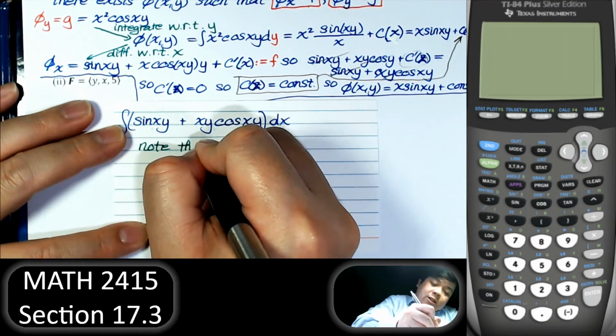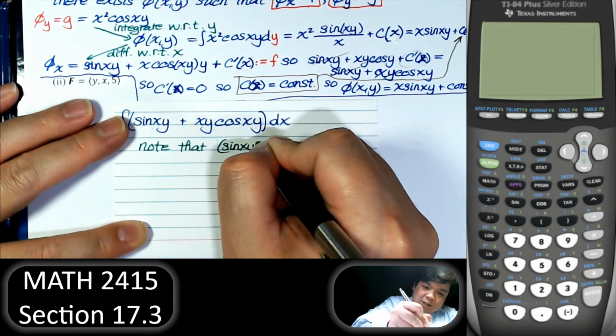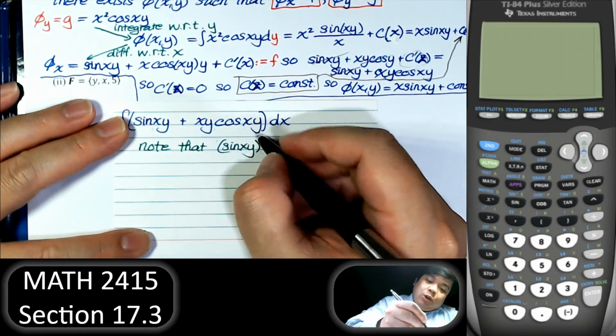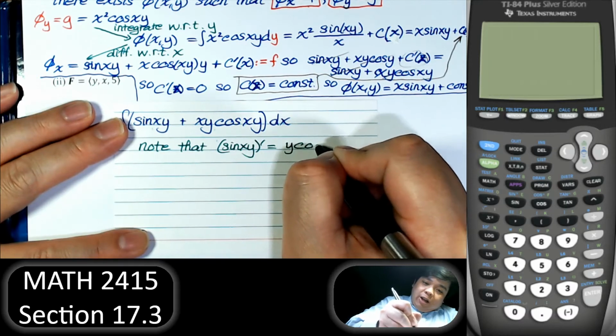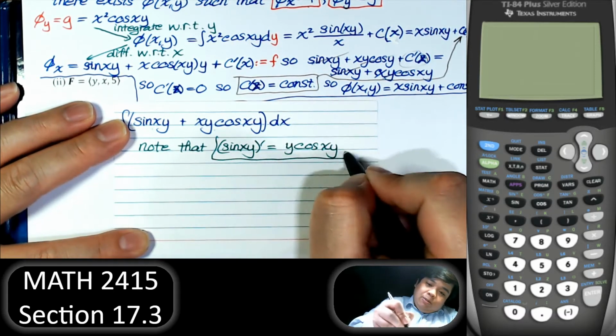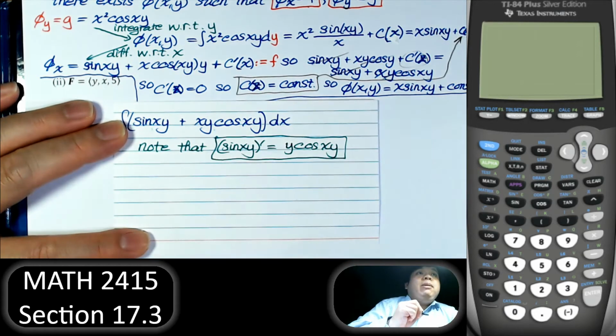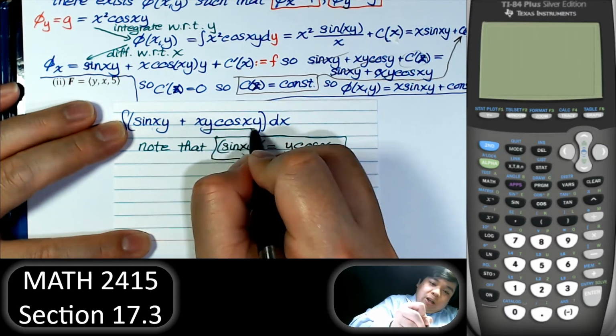Note that the derivative of sine xy is equal to y cosine of xy. Right? So why is that important? That's important because here we have y cosine of xy.